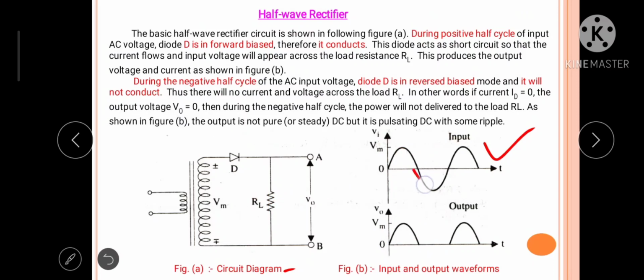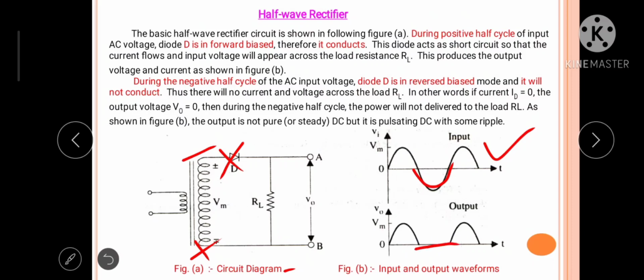In the next negative half cycle, the input polarity gets changed and now this terminal becomes negative with respect to the positive terminal. Due to this negative polarity, the diode is not forward biased and it will not conduct current. That's why we get output voltage 0, and that output voltage can be shown like this.